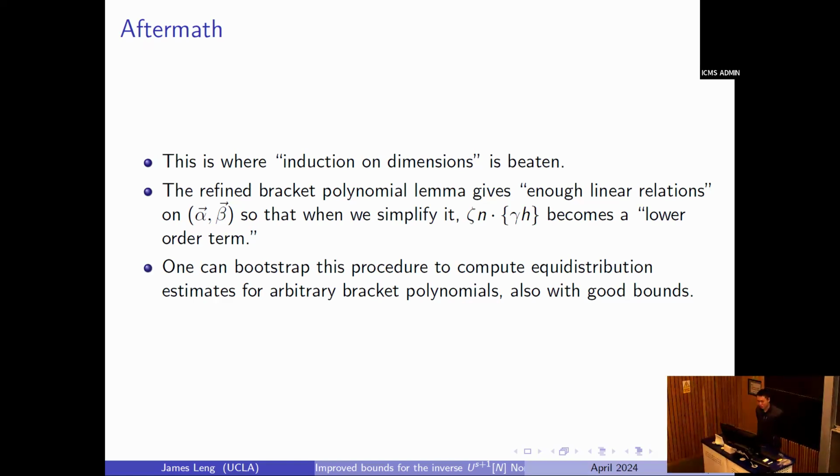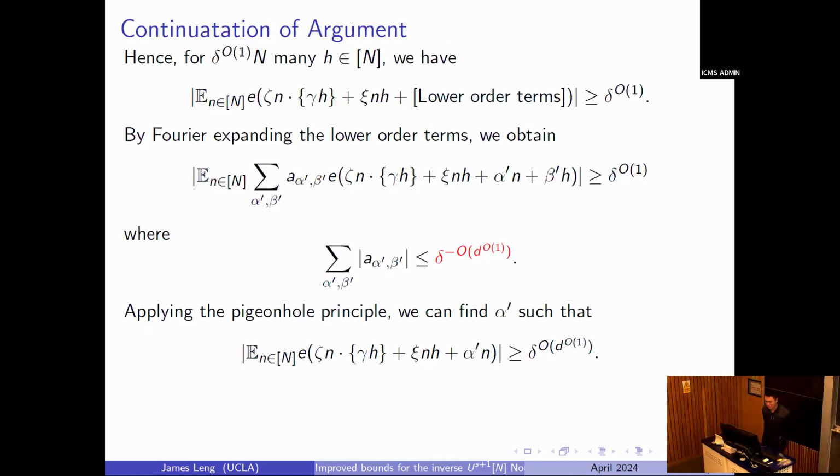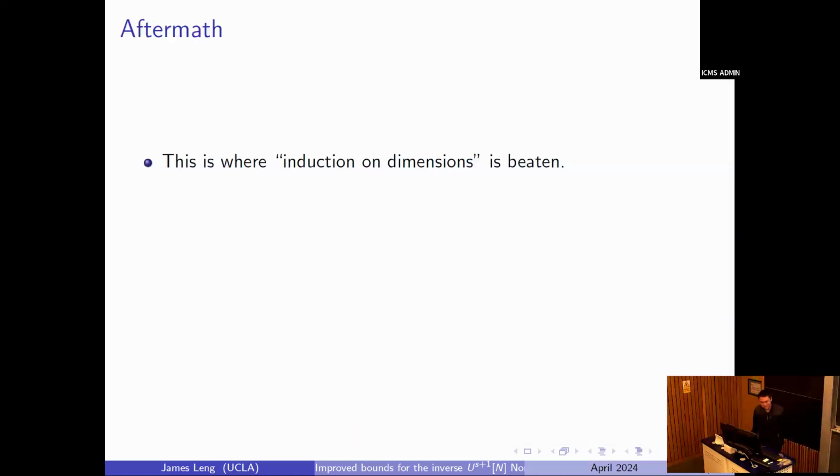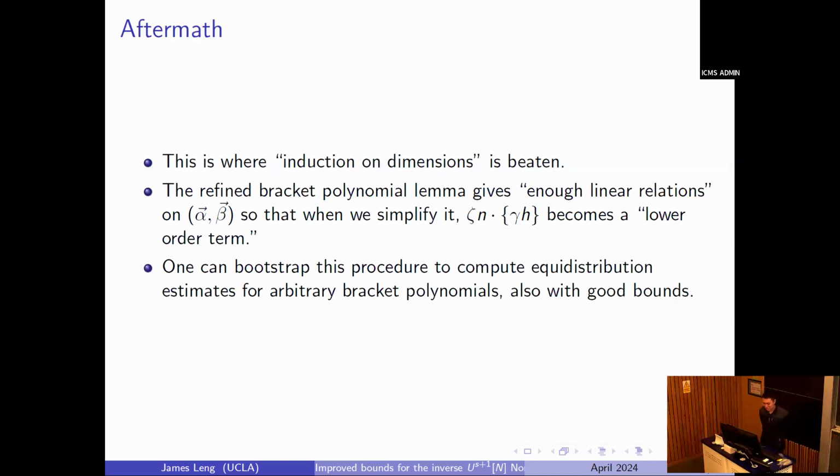This will give you a procedure to do any exponential sum estimates for arbitrary bracket polynomials, provided you cheat a bit. And the cheating is the issue I described before, what happens when things are not nice, when your phasors are distributed near the boundary. Somehow, if you deal with smooth objects like I do in my paper, none of these issues actually happen. They don't cheat.